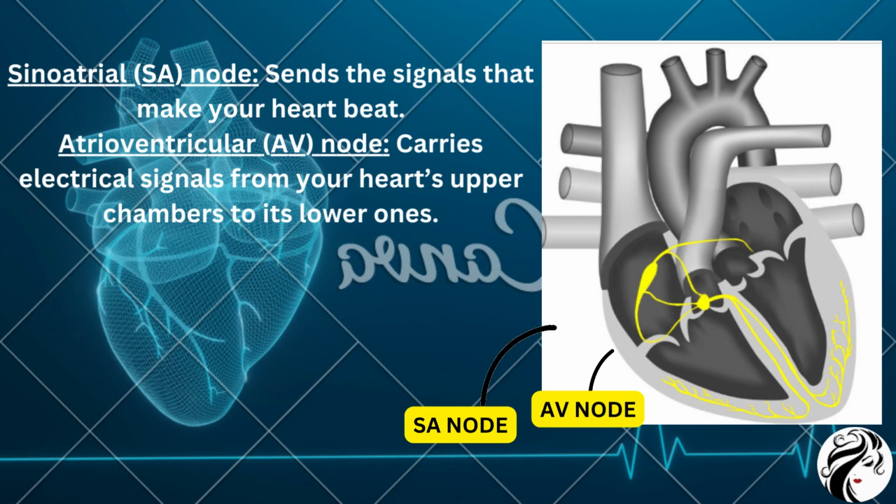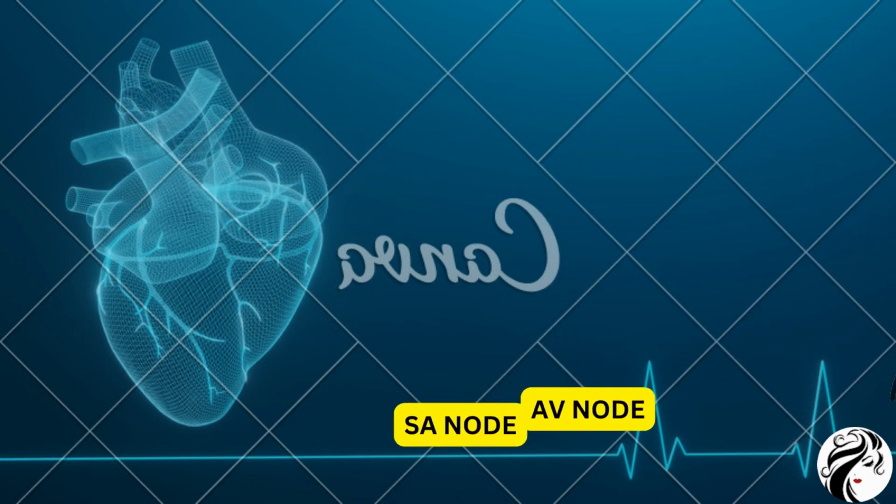Then the signal goes to the atrioventricular node, the AV node, which carries the electrical signal from the upper chamber to the lower one. It takes the signal from the SA node, then supplies it downwards to the heart. In the next slide you will see it further.